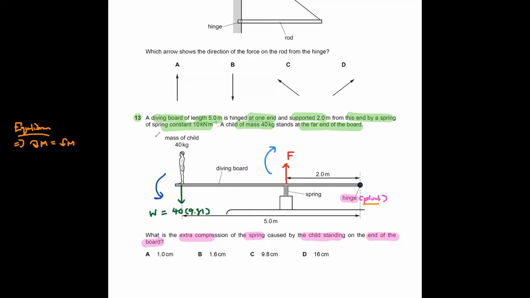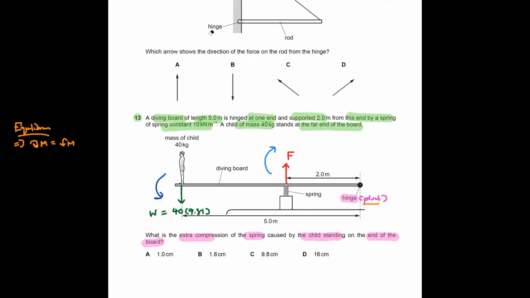These are about the only forces acting here. Now you may be thinking, what about the weight of the diving board? We don't bother about the weight of the diving board because there's no mention of the weight in the question, so we can't proceed with anything on it. We only consider the two forces here.